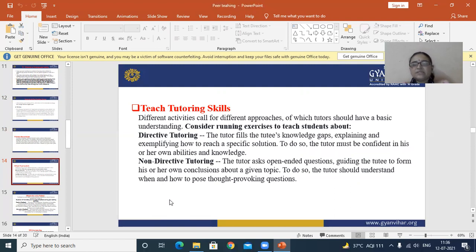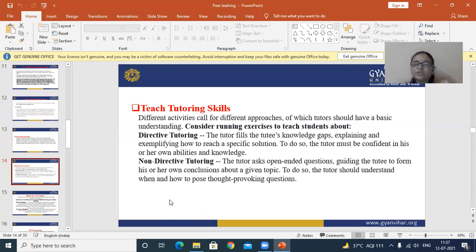Consider running an exercise to teach each student about directive tutoring: the tutor fills the tutee's knowledge gap, explaining and exemplifying how to reach a specific solution. To do so, the tutor must be confident in his or her own ability and knowledge.